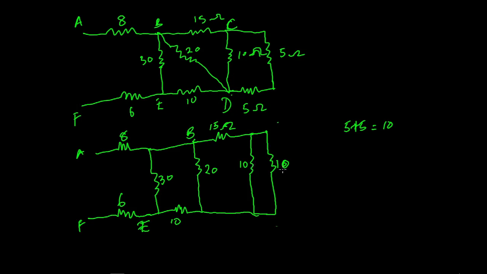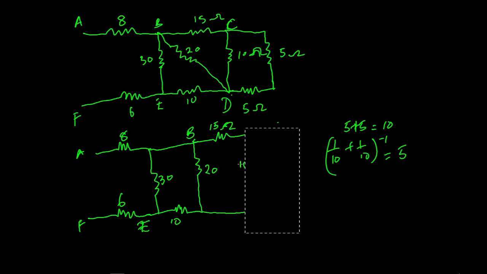Now this 10 and 10 are in parallel, so their effective value is 1 over 10 plus 1 over 10 raised to the power of minus 1, and that gives us 5 ohms. So we can simply replace this with a 5 ohms resistor.